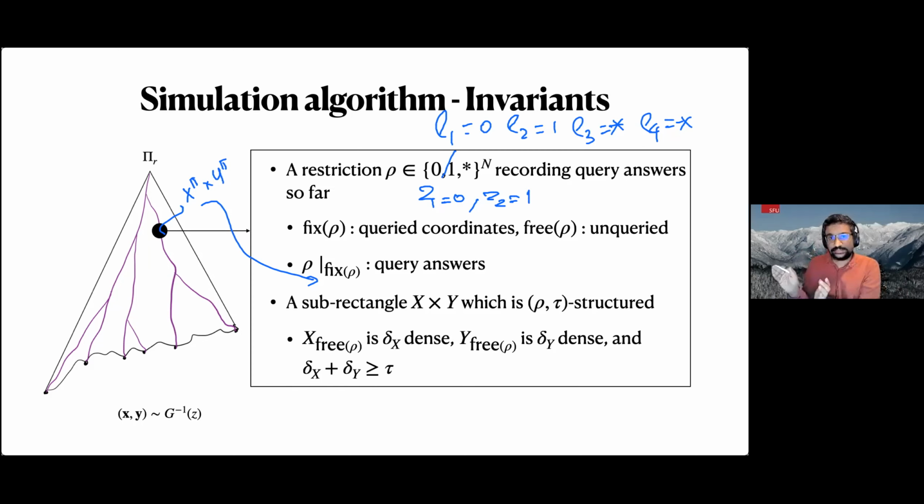And x restricted to these unqueried parts is delta dense, and y restricted to these unqueried parts is delta dense. As I said, we will use a different threshold for x and a different threshold for y, but that's a technicality. These thresholds have to sum to something larger than 1 point something, but think of them as like 0.9 and 0.8. We are going to maintain these invariants. This is our goal.